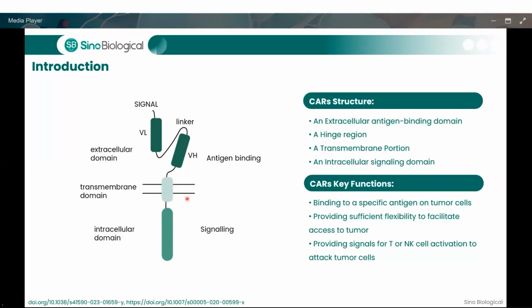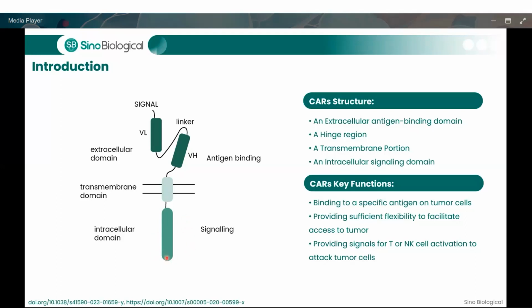And the transmembrane domain is a hydrophobic region that anchors the whole CAR molecule to the membrane of the modified immune cells, allowing it to interact with the intracellular signal machinery.